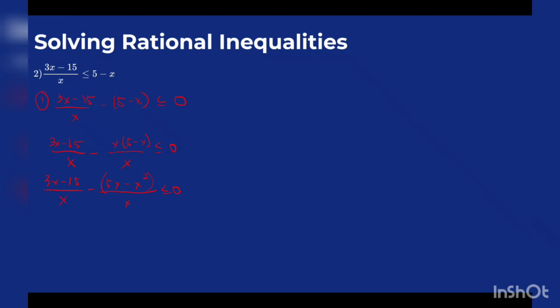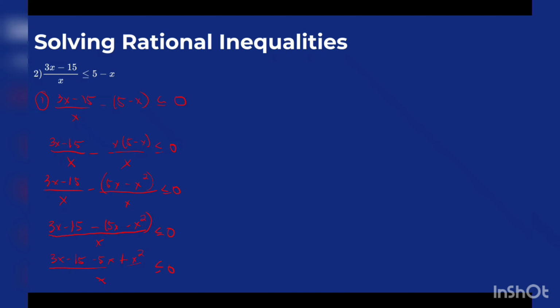So simplifying, we'll have 3x minus 15 minus 5x minus x squared all over x is less than or equal to 0. And then we'll use KCC since it's subtraction. So 3x minus 15 minus 5x plus x squared all over x is less than or equal to 0.